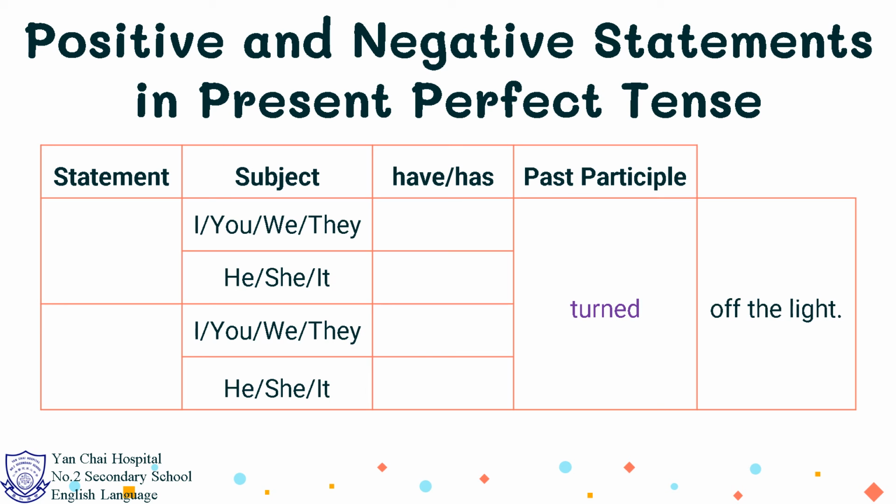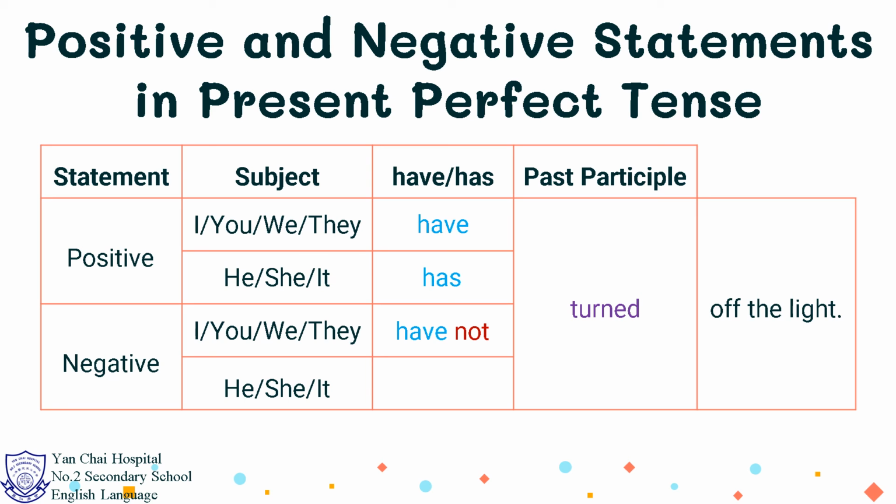Positive and negative statements in present perfect tense. For positive statement, I, you, we, they have turned off the light. He, she, it has turned off the light. For negative statement, I, you, we, they have not turned off the light.